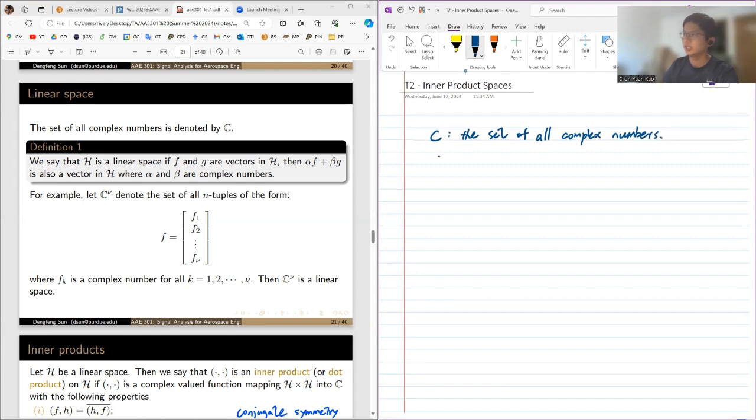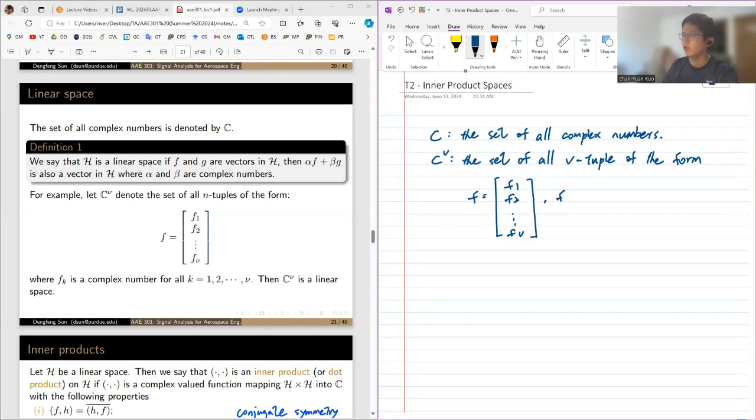And here we let C^n be the set of all n-tuples of the form F equals F1, F2, all the way to Fn.